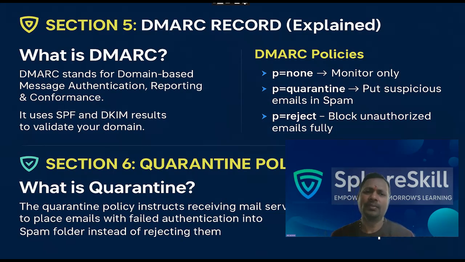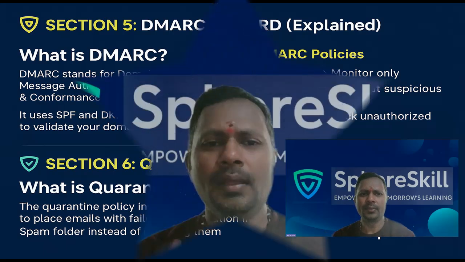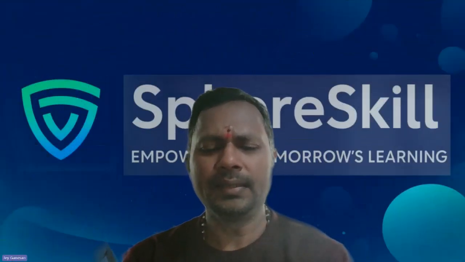DMARC will send you a report; go through the report, identify your problem statement, and fix the problem so that emails land in the inbox. So we are going to see what that report is today, how we obtain it, and how we fix the errors so that emails never land in junk. That is what we are going to see in our session. So without any delay, let us get started.